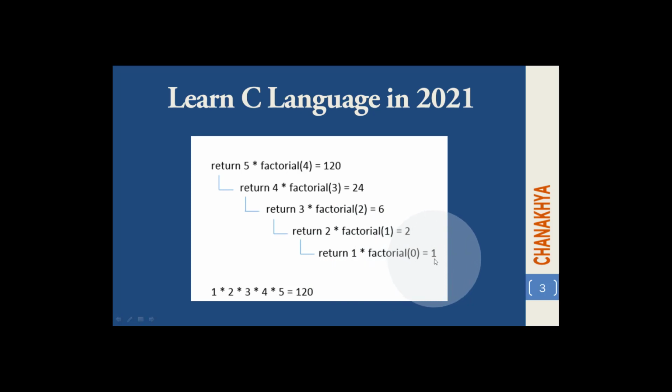We always know that the factorial of 0 is equal to 1, and the factorial of a negative number, less than 0, cannot be calculated. So we have to calculate the factorial up to the 0 value. So this is what is called recursion again and again. Here the factorial function is calling itself again and again until the factorial of 0 is calculated.